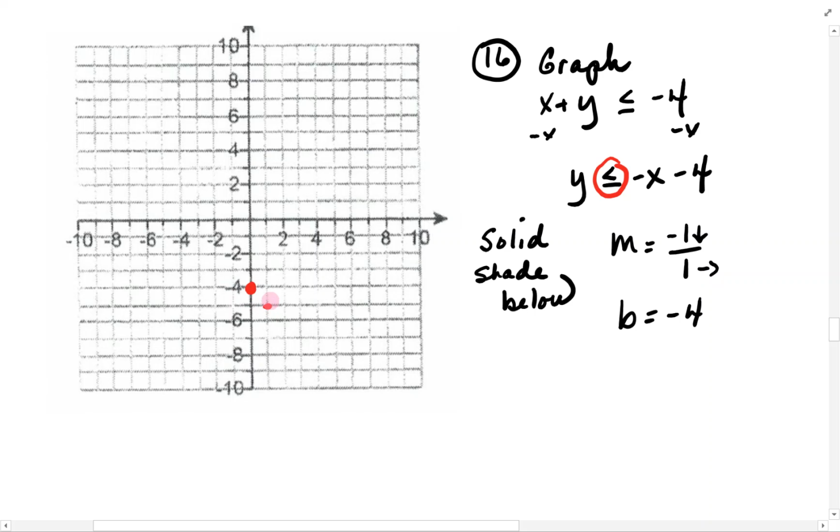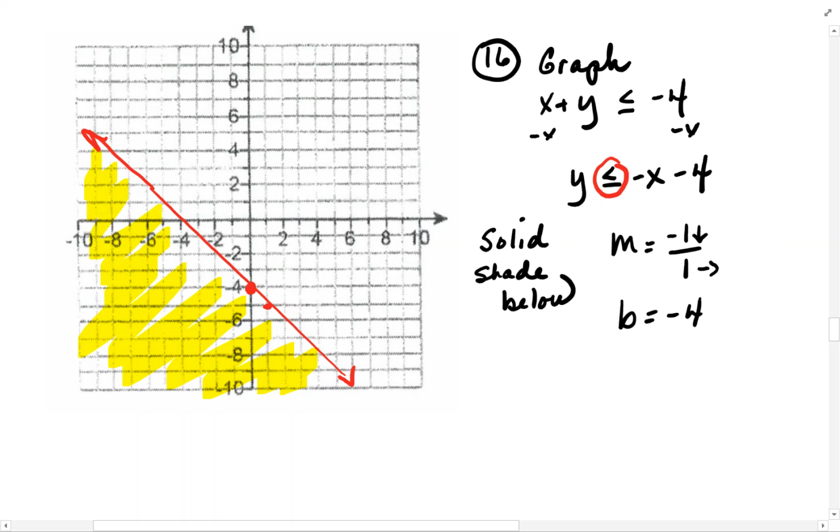Now, because I'm doing this on a screen, it is very difficult for me to get a straight line, but I'm going to give it a try. All right, this is supposed to continue. All right, it said solid line. I drew that as a solid line, and it says shade below. So I will pick one of my highlighters, and I will shade below.